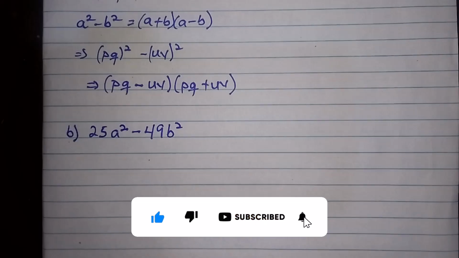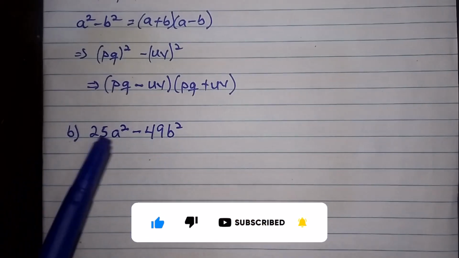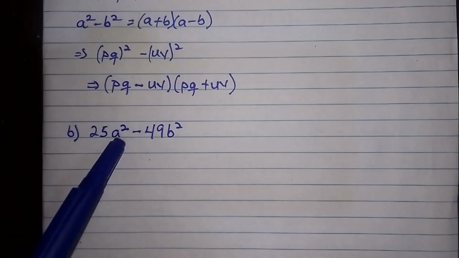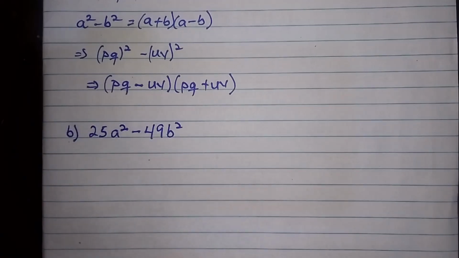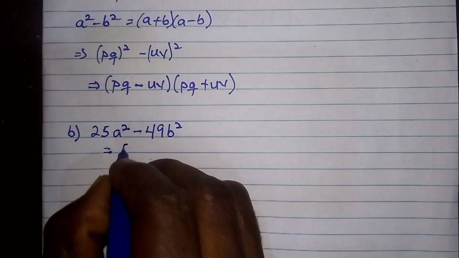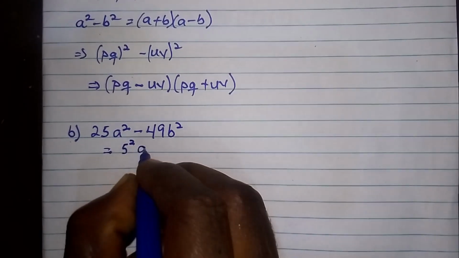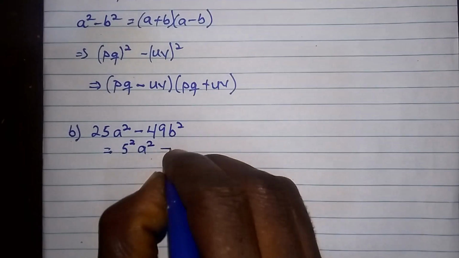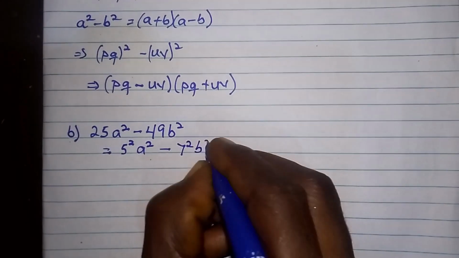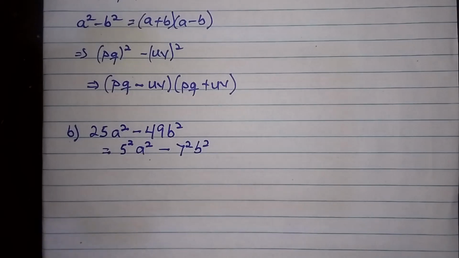Like I said earlier, for difference of 2 squares, 25 and 49 are perfect squares, and then I have a², I have b². So this is going to be written as 25 is the same as 5², I have my a, minus 49 is the same as 7², I have my b².